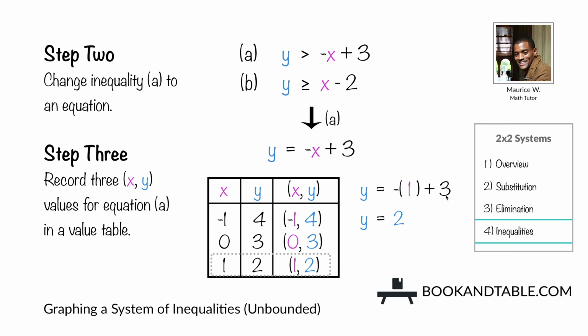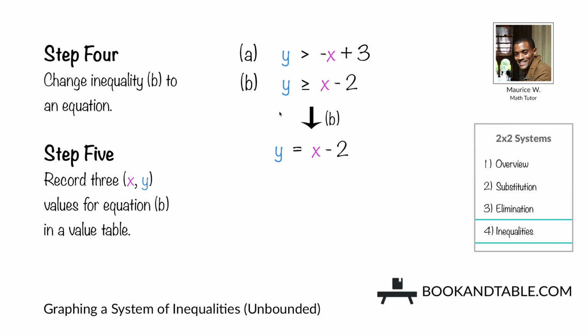Negative 1 plus 3 would give us positive 2. So 1, 2 is a third coordinate along this line. So now we'll put this value table to the side and repeat this process for inequality B so that we're able to sketch this line as well.